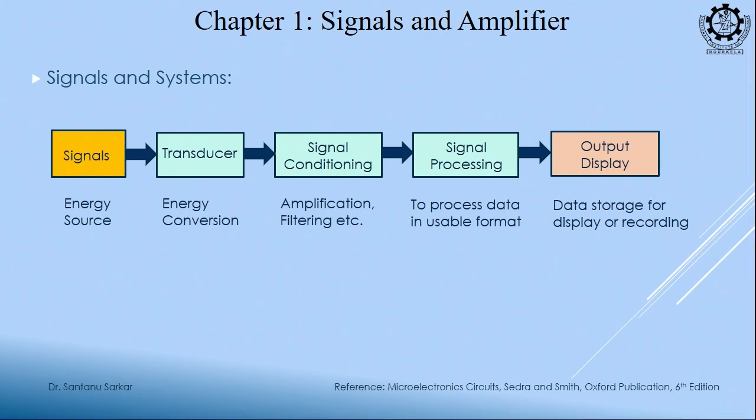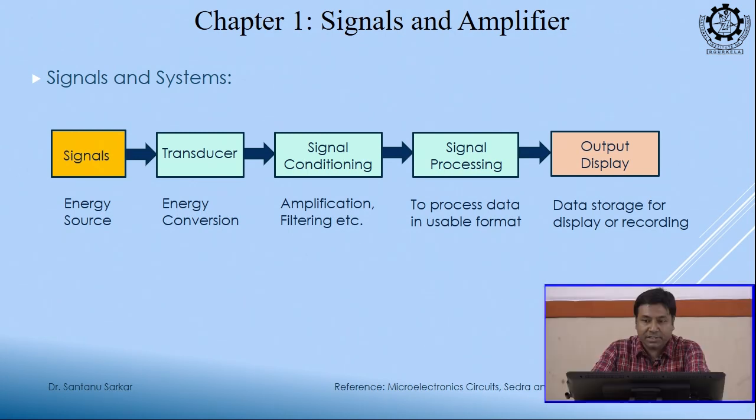This first class is all about signals and amplifier. If we look around our surroundings, we will see that all the natural signals are generally analog in nature. To process those signals to get some meaningful measurement, there are several steps.